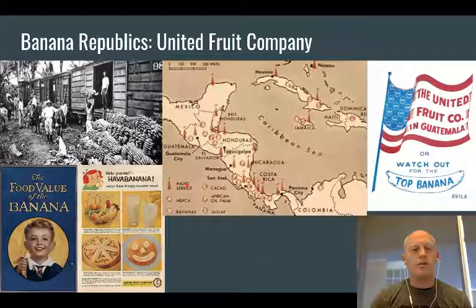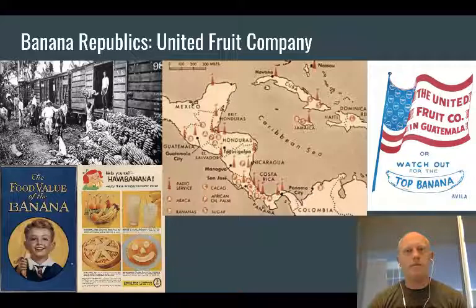These kinds of things were going on through the 1960s and even the 1970s. The Chiquita Banana Company is actually the descendant of United Fruit when it was broken up at least a little bit into smaller companies in the 1960s, 1970s.